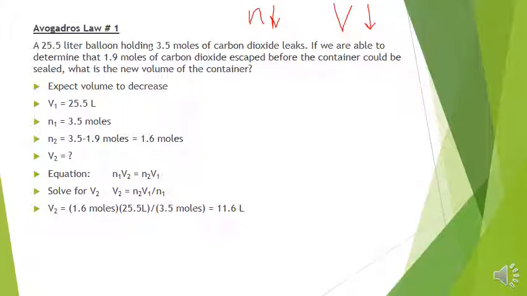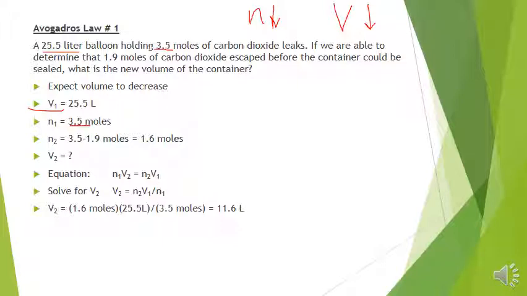Okay, so 25.5 is your initial volume, right here. Your initial number of particles is 3.5.